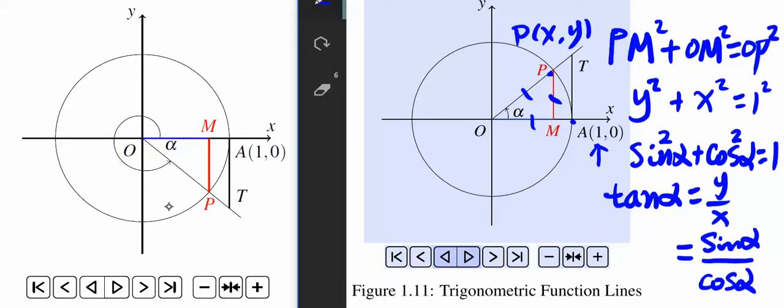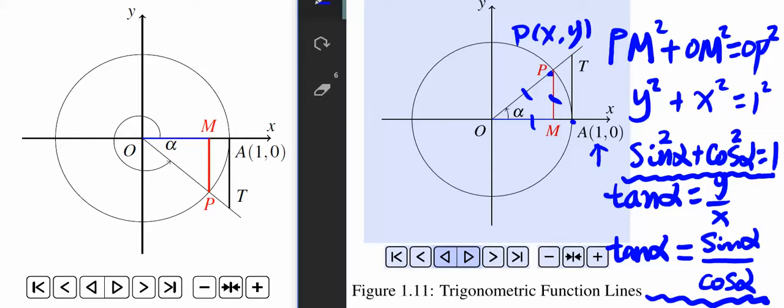So it is true that tangent alpha is always equal to sine alpha over cosine alpha. This will be our first identity, and this will be our second identity. It is a very important identity. We're going to use this one a lot.